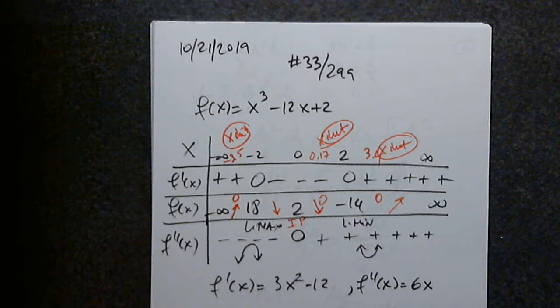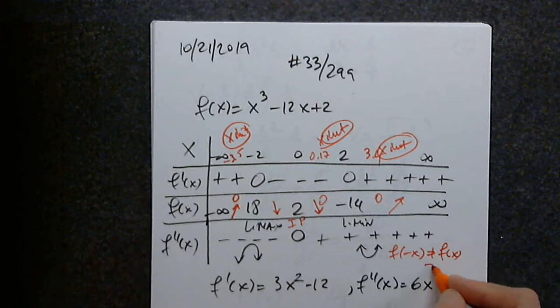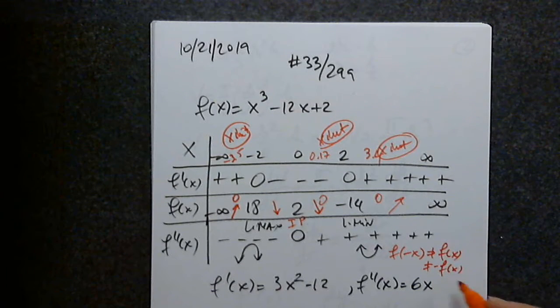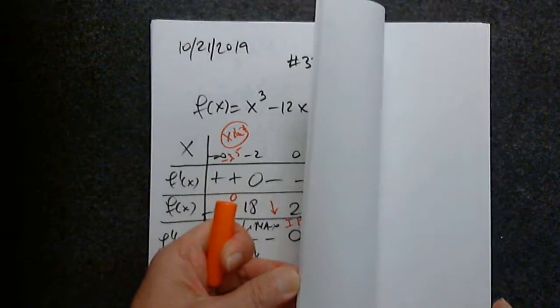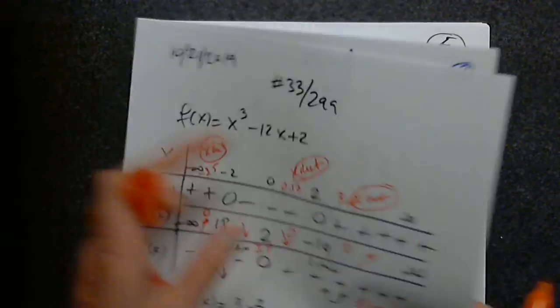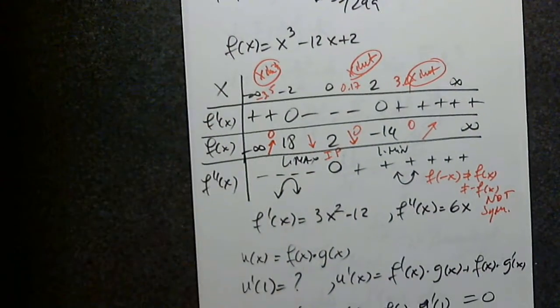Of course, the function is not symmetric. I have to write somewhere that f of -x does not equal f of x, and it does not equal -f of x. Not symmetric. And now we're ready to graph. Although we saw the graph, we can do everything by hand right this moment. We don't care about anything else but the table.